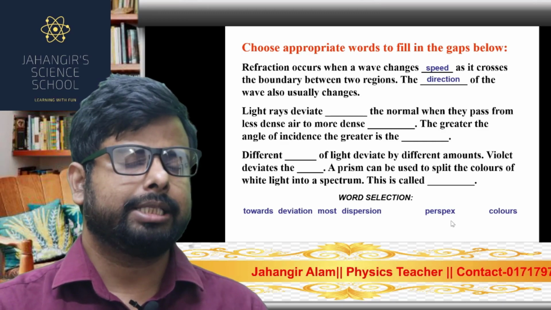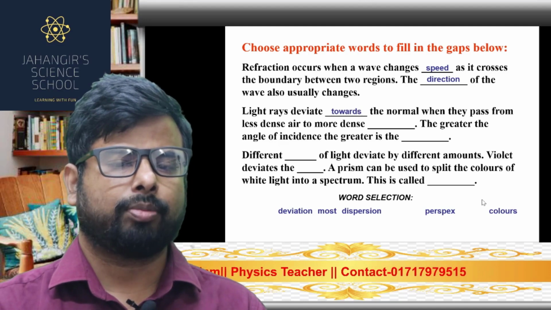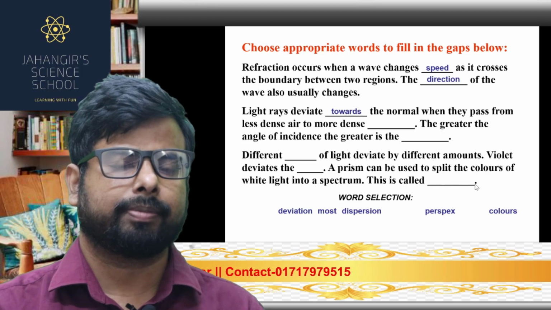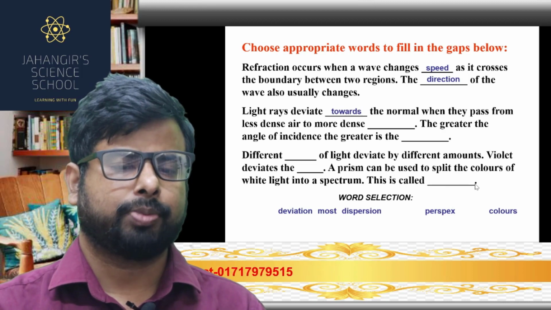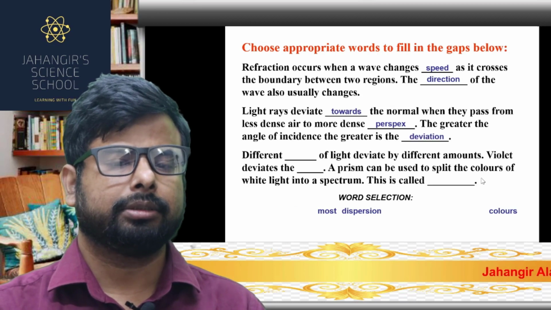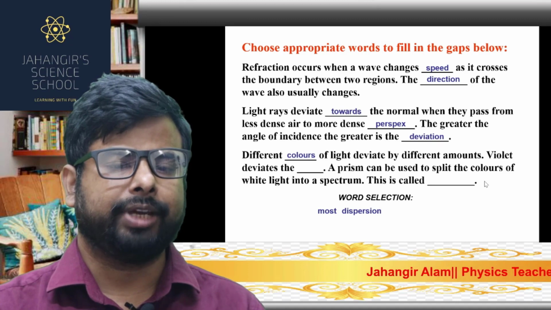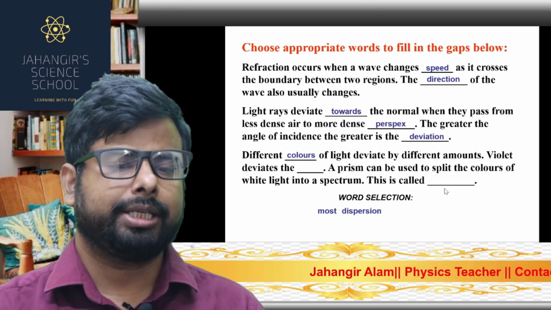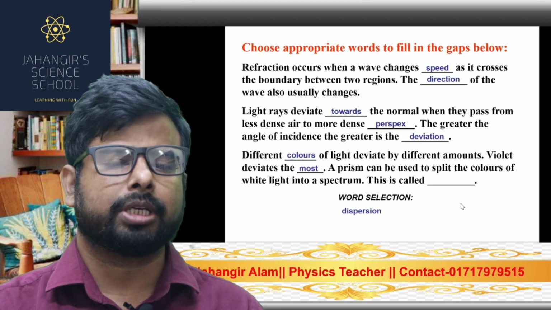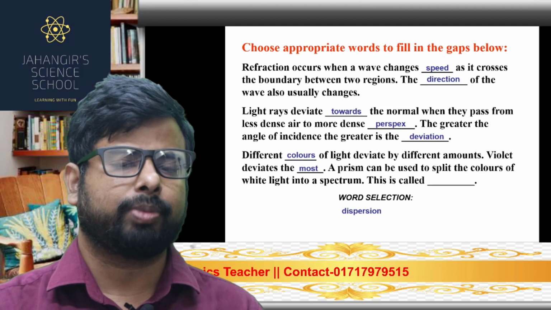Light rays deviate towards the normal when they pass from a less dense medium like air to a more dense medium like perspex. The greater the angle of incidence, the greater is the deviation. Different colors of light deviate by different amounts. Violet deviates most. A prism can be used to split the colors of white light into a spectrum. This is called dispersion.